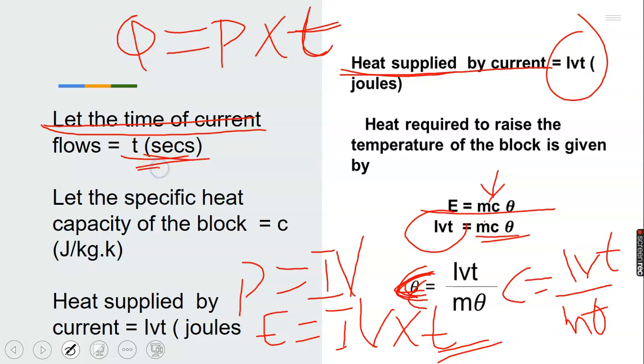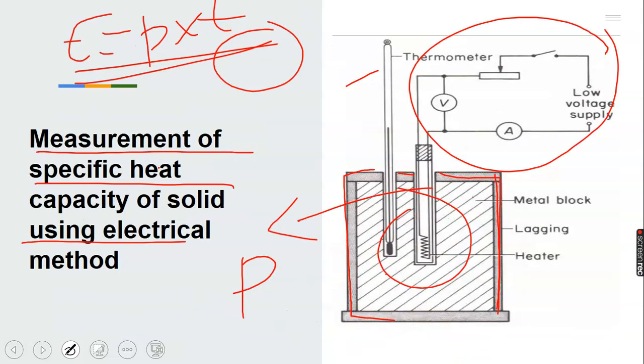As we have seen here, what we are looking for is the specific heat capacity of this metal block. Now, we know that when this heater supplies heat, the metal block will receive it. It's just like a heat exchange. When this one loses it, the block gains heat.